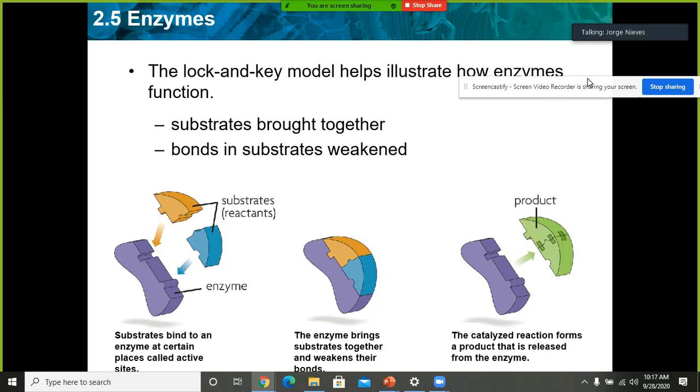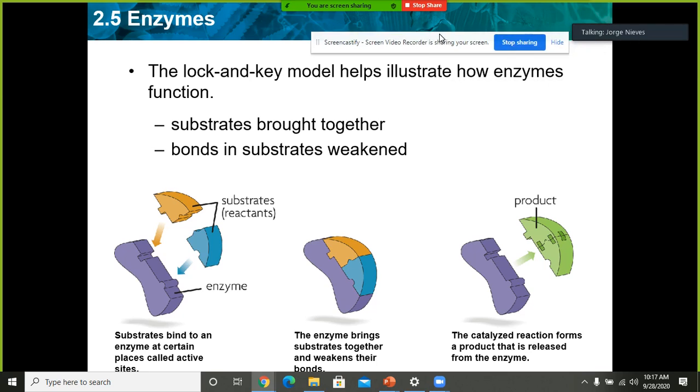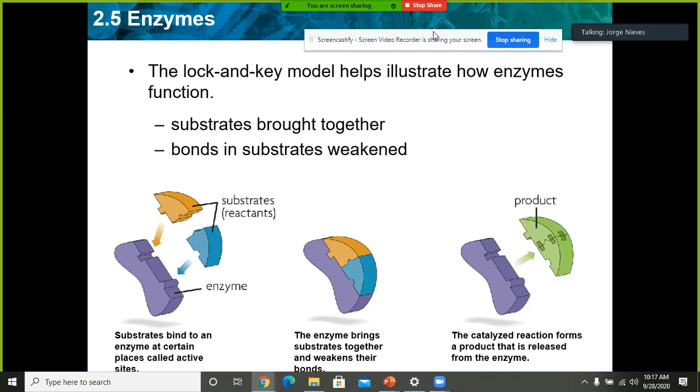When this is all bound together, we get a figure like we see in the second diagram. The enzyme brings substrates together and weakens their bonds. When the enzyme interacts with the substrate, the hydrogen bonds are going to be weakened.